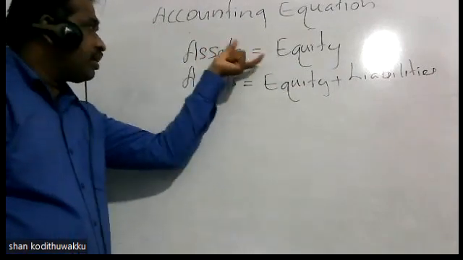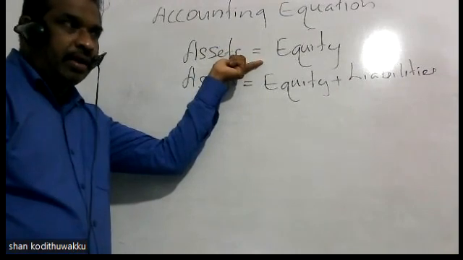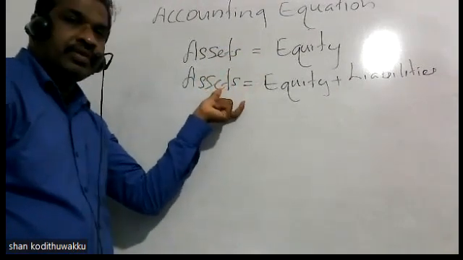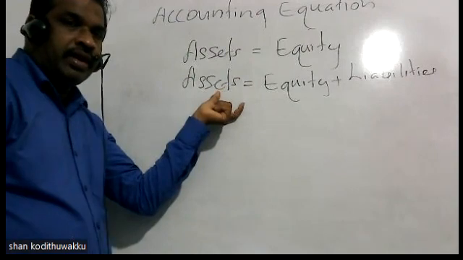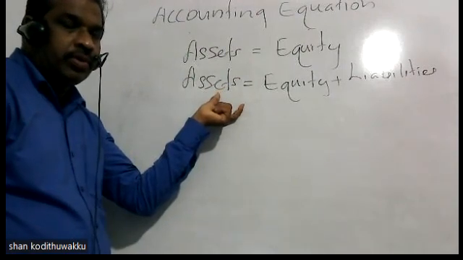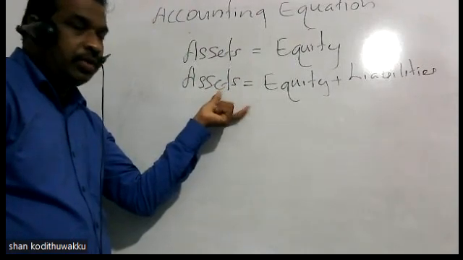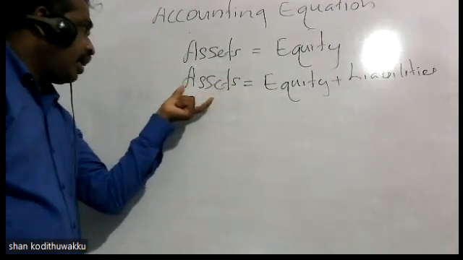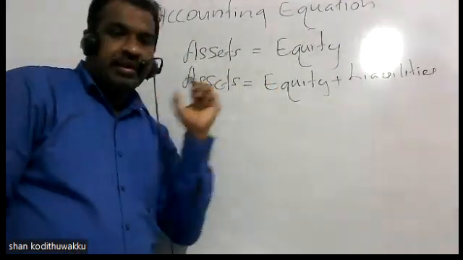That is the basic accounting equation, but we can further expand it. When other parties also have introduced assets to the business, then assets equal equity plus liabilities.